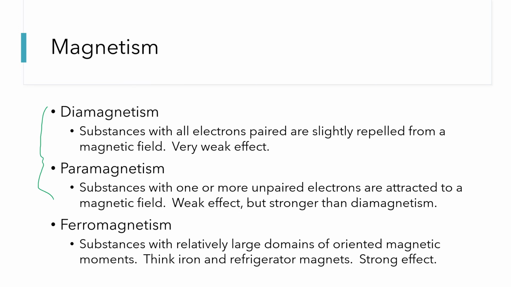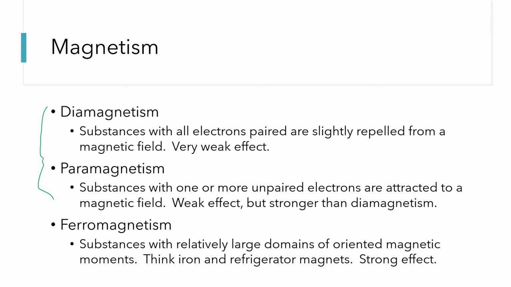The diamagnetism is observed in substances where all of their electrons are paired up, and it's a very, very weak effect. Things that are diamagnetic, for the most part, look like they just don't interact with the magnetic field at all. But something that's paramagnetic is weakly attracted. And while it is a weak effect, it's quite a bit stronger than diamagnetism.